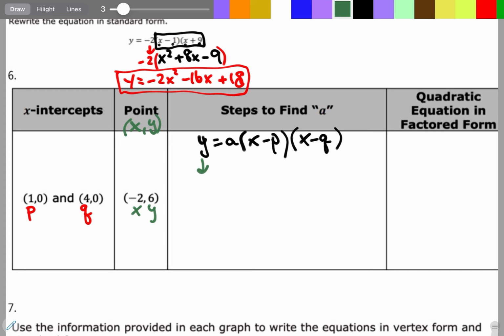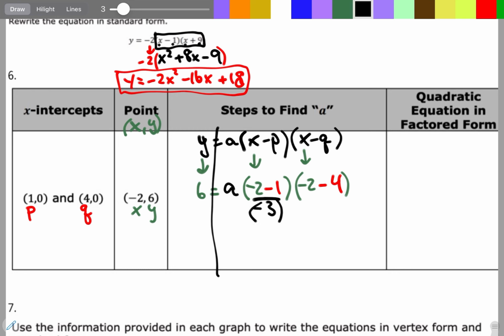So y is 6. x is negative 2. a, we don't know. p is 1. See, it's a positive 1 here, so we write negative 1. 4 is a positive 4, so we write negative 4. And then we solve.